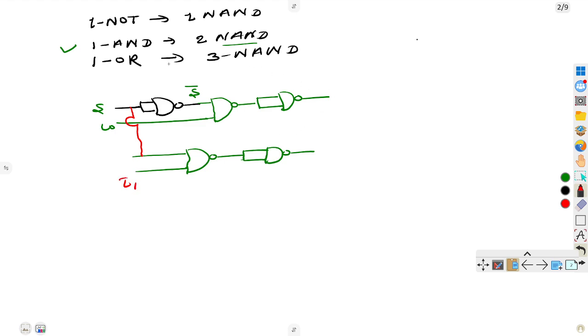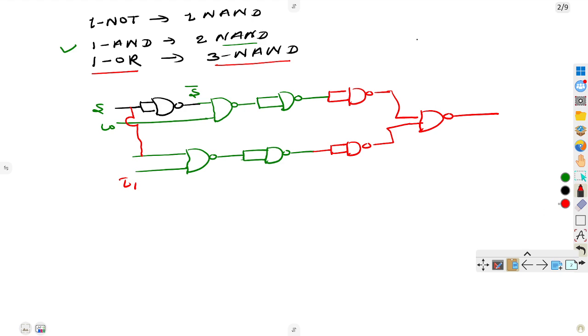Okay, and finally I explained, to make one OR gate, how many NAND gates are needed? 3 NAND gates. So here I will convert the 3 NAND gates. See, I am changing color.